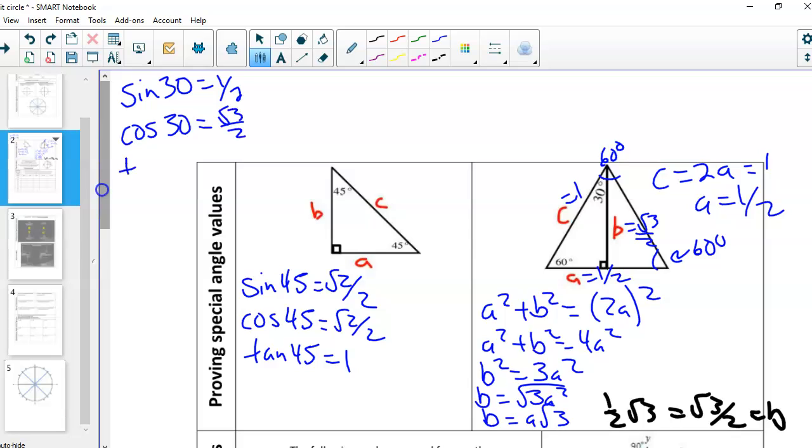Now, when we do the tangent of 30, well, what's the x or y definition for tangent? Y over x. So that's really sine over cosine. So that's really 1/2, or we could have just looked at the triangle, opposite over adjacent. So 1/2 over √3/2. So we have a fraction within a fraction. What are we going to do?